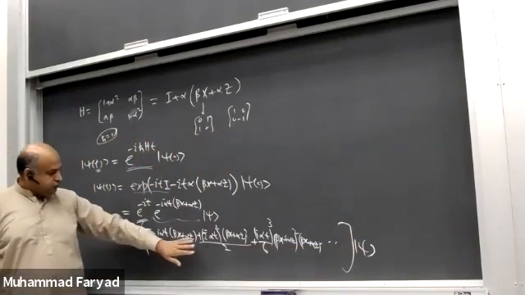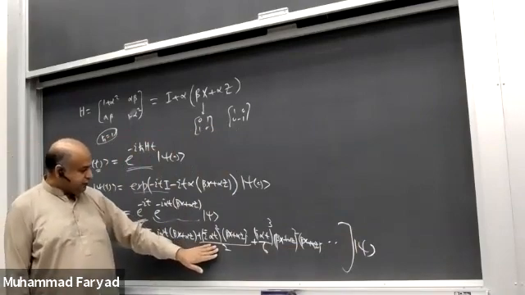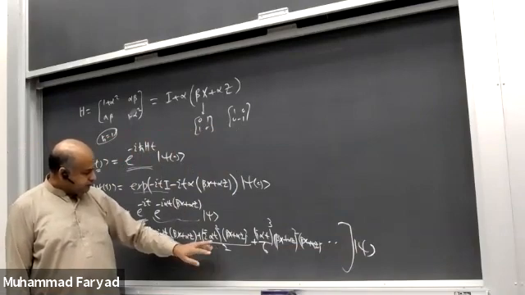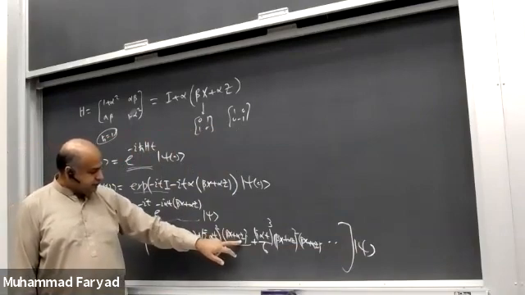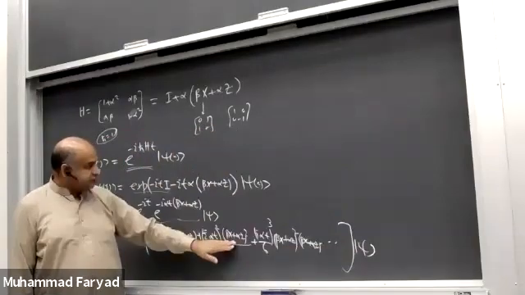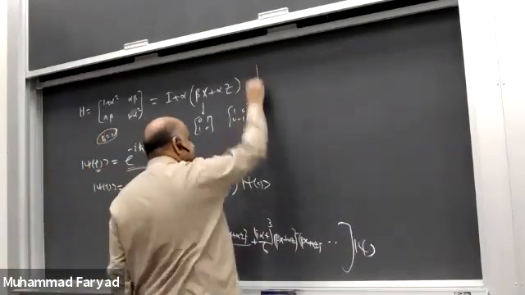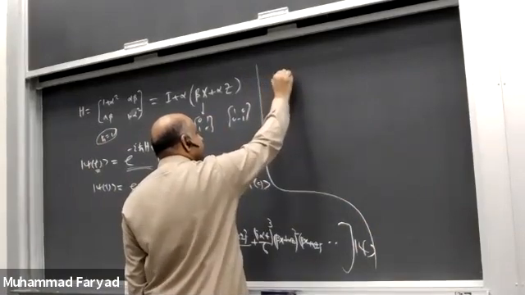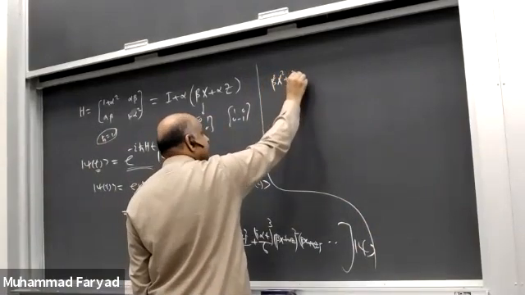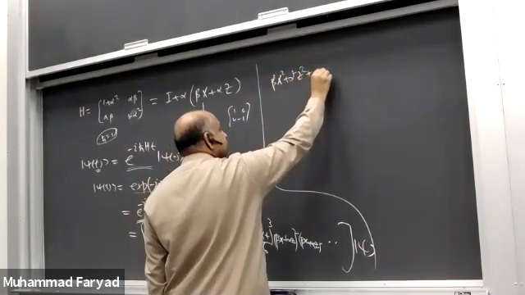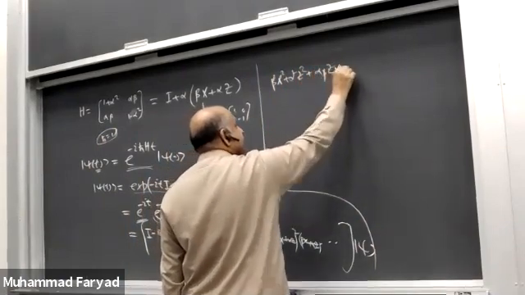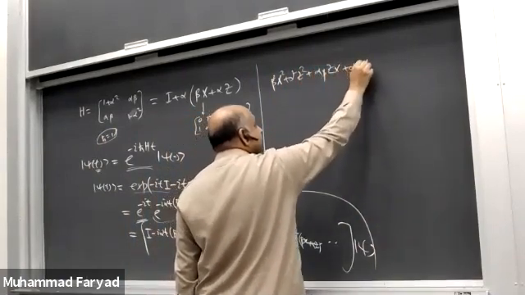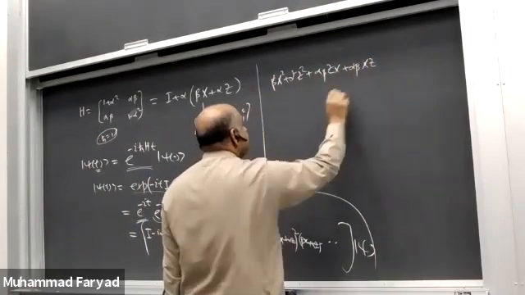Okay, so if you look at this, this is beta X plus alpha Z squared, and if we expand it, this becomes beta square X square plus alpha square Z square plus alpha beta ZX plus alpha beta XZ. So this is that square term.